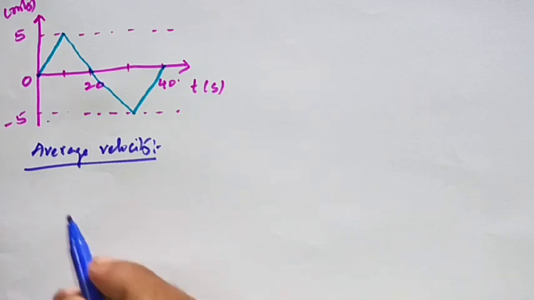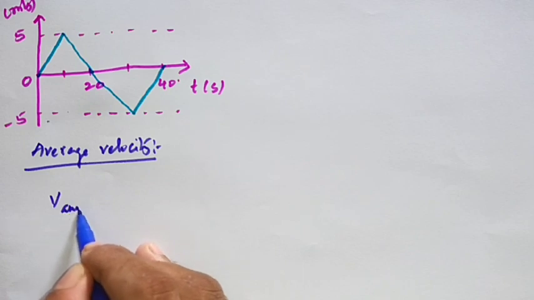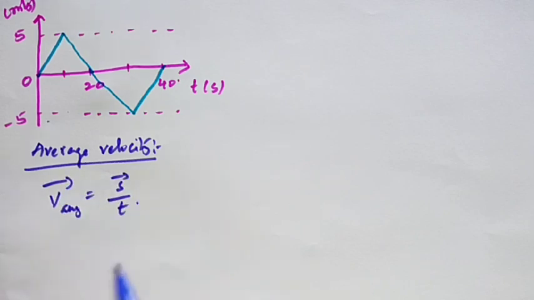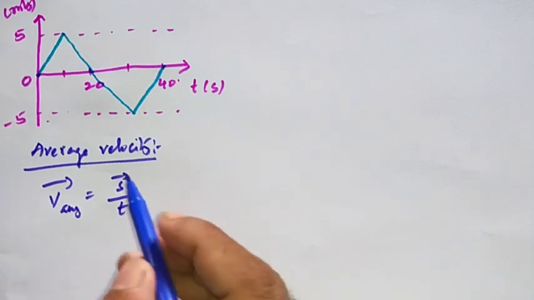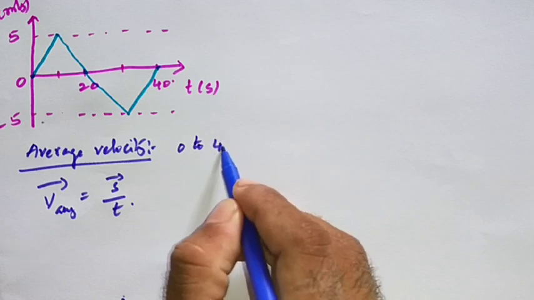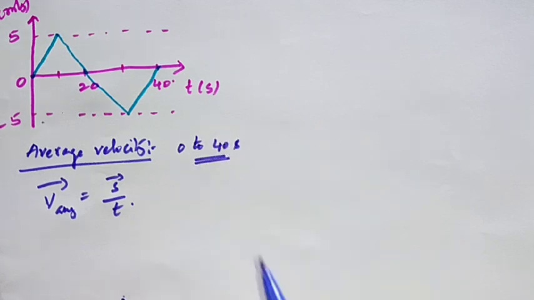So average velocity is nothing but displacement by time taken. We need to calculate average velocity from 0 to 40 seconds. Right, first calculate displacement.